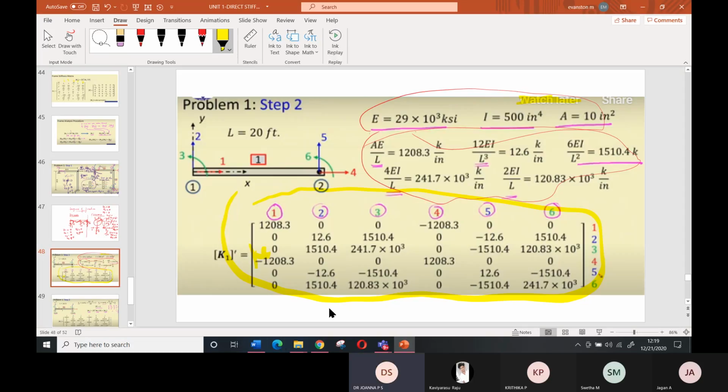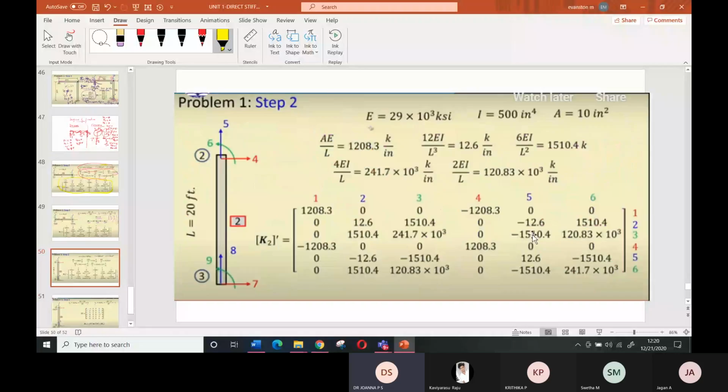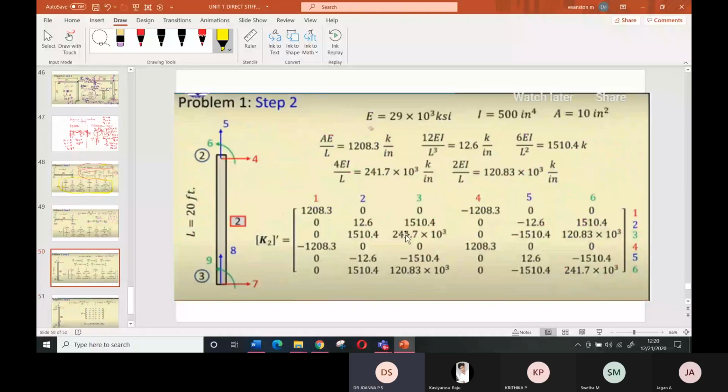Have we finished copying? Put the numbers also: 1, 2, 3, 4, 5, 6. Now we will move on to the second element. Now you move on to the second element, that is the vertical element, the column element, and E is given here, I is given, and area is given.